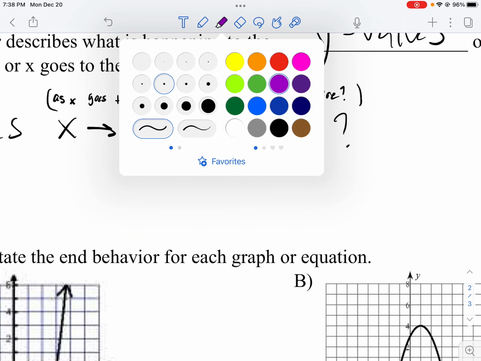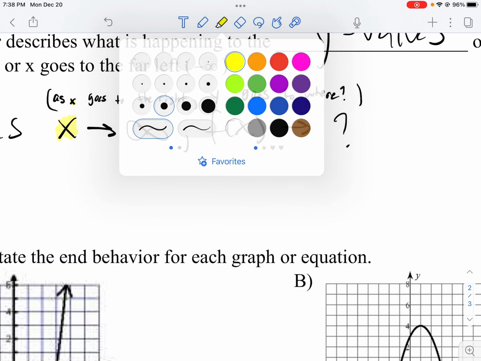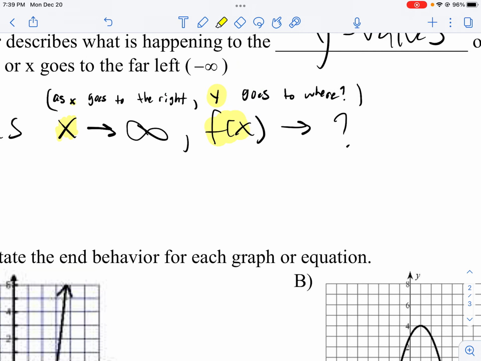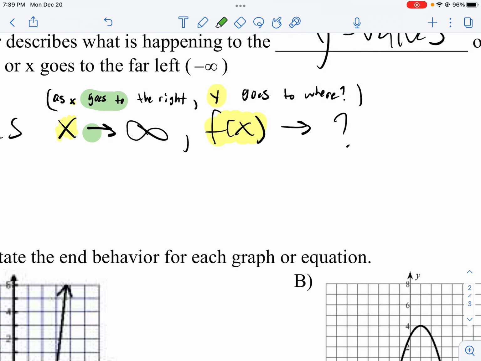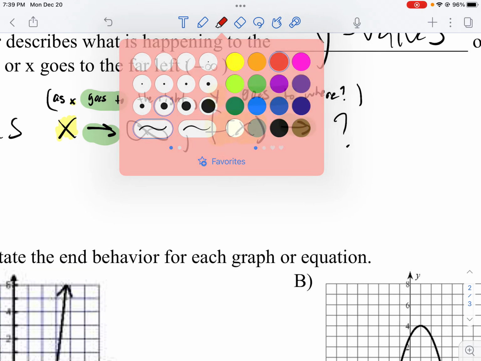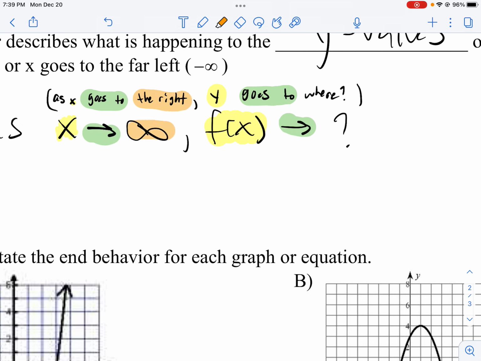Okay, well, let's color code each of these bits. So x is x, right? X is x. And y is f of x. Okay, goes to is your arrow. And infinity, ooh, that's a terrible choice. We'll use orange, which is going to denote the right.